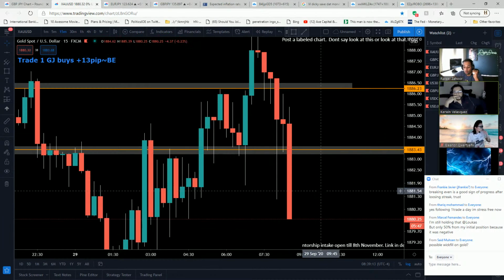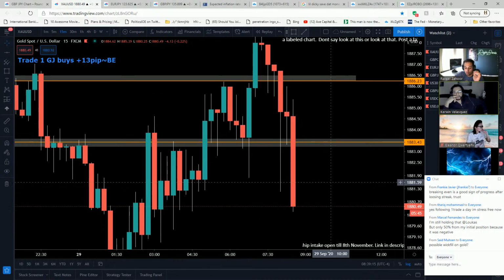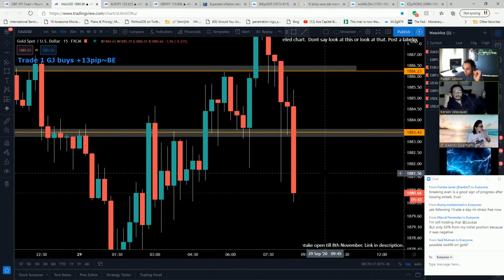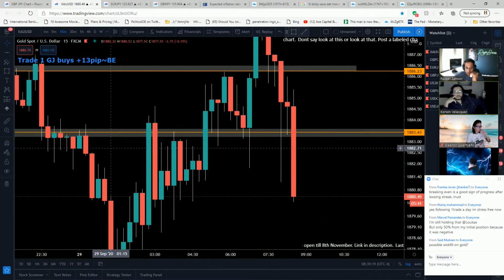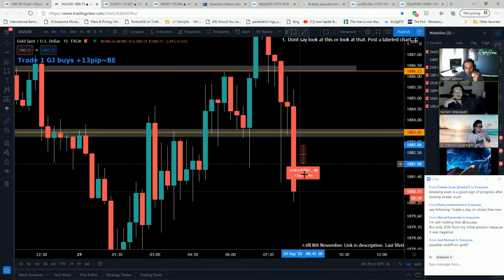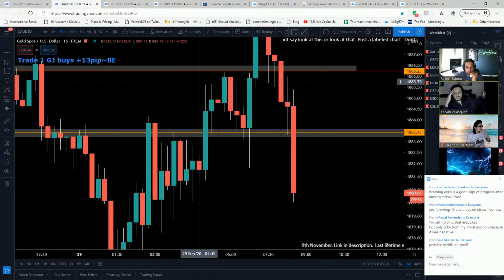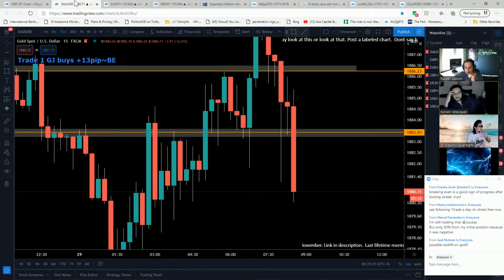So I remember I was trading during Asian session around 2:30 or 3 a.m. in the morning, and I saw gold ripping down, and I said, okay, I'm gonna place a sell stop, and take profit around 100 pips. I think I sent you guys the screenshot in the chat. The trade lasted like 7 seconds or something for a 100 pip move on gold.